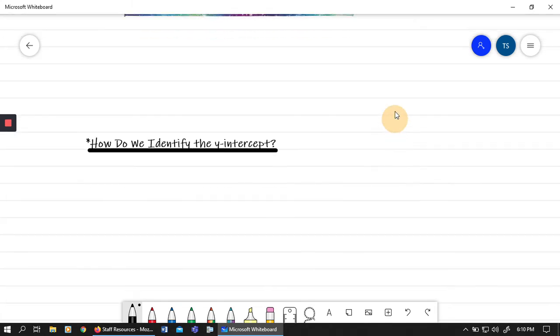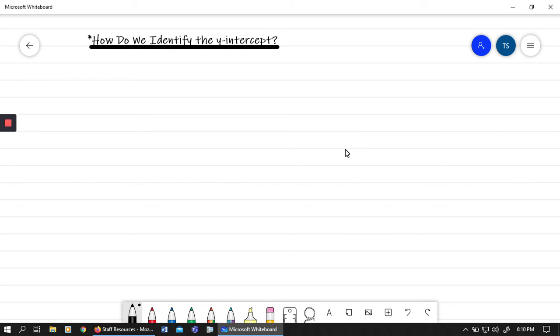How do we do that? Man, that's a good question. So, guys, you should recall that standard form either is going to be written with f of x equals, or it's going to be written with y equals, or it's going to be written as 0 equals.